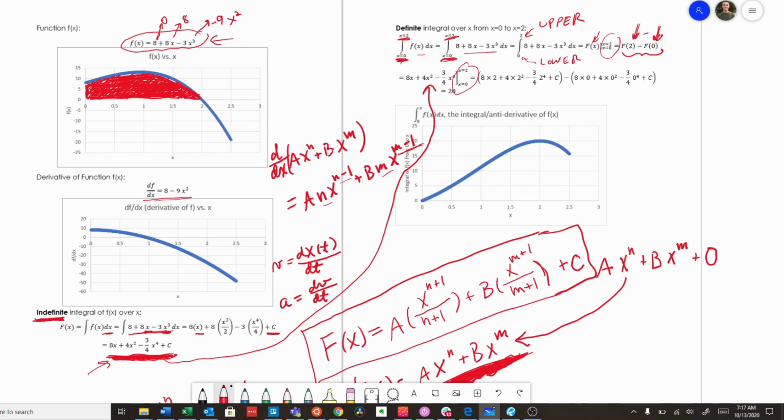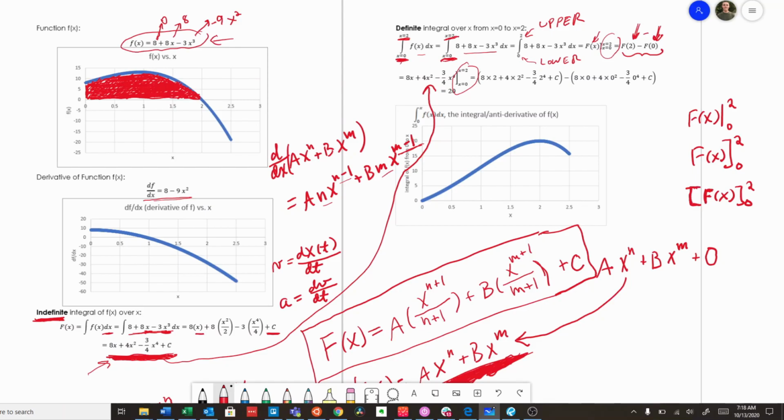Okay, sometimes you see it as a vertical bar. Sometimes you'll see it like I'm writing it here as a bracket. Sometimes you'll see it as closed brackets, F of x, 0 to 2. These are all just notation things.